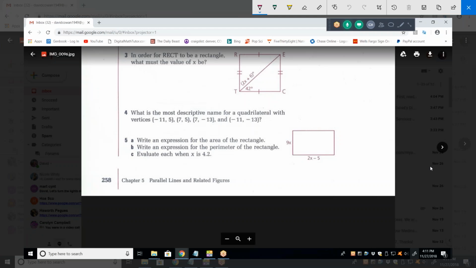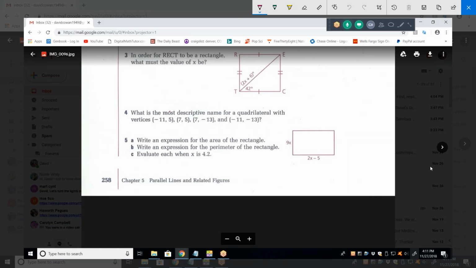Okay, what's the most descriptive name for a quadrilateral with those vertices? Now, I'm not certain we need to graph this.